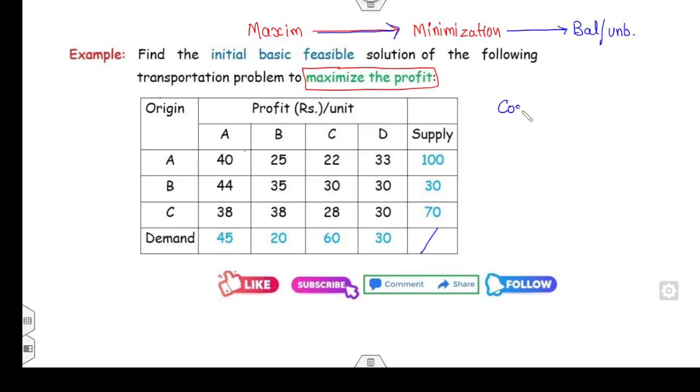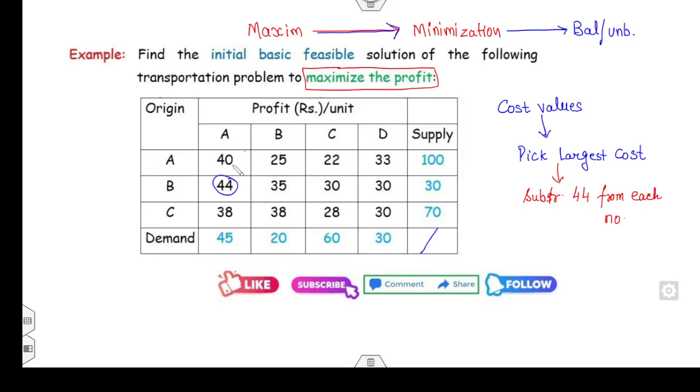Now, how can you convert the maximization into minimization? Look at the cost values and pick the largest number. Pick the largest cost from the table. What is the largest cost? 44. Then you subtract 44 from each number.